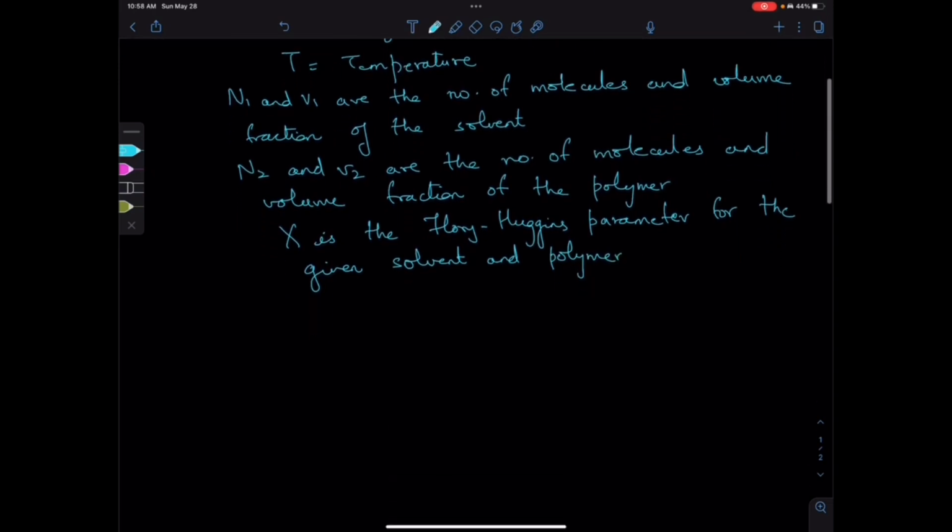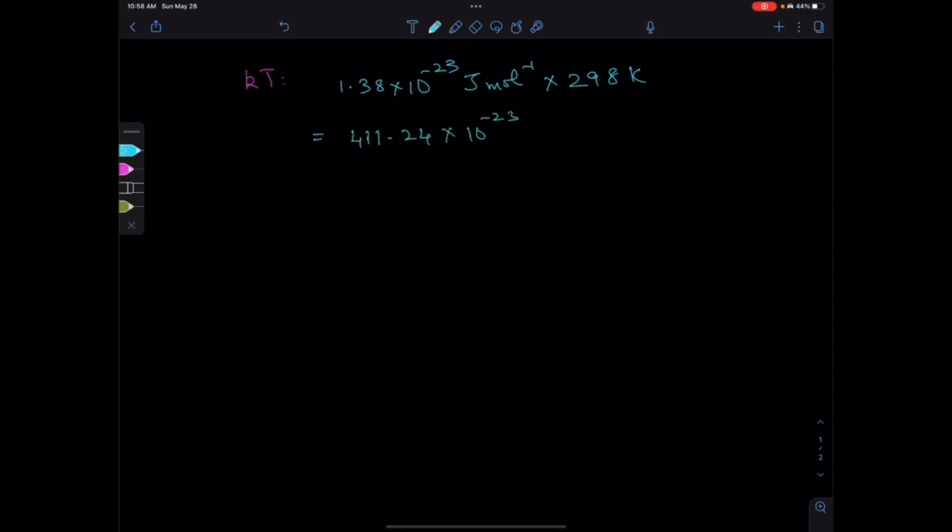So let's find kT. k is 1.38 times 10 to the negative 23 joules per kelvin, and temperature is given as 298 Kelvin. So kT equals 411.24 times 10 to the negative 23 joules.